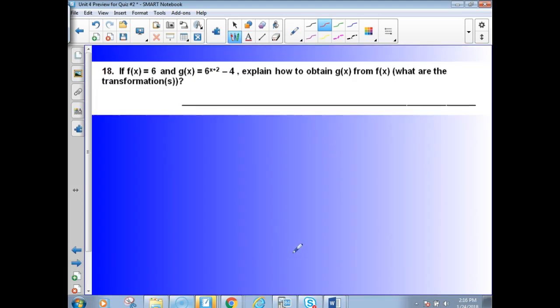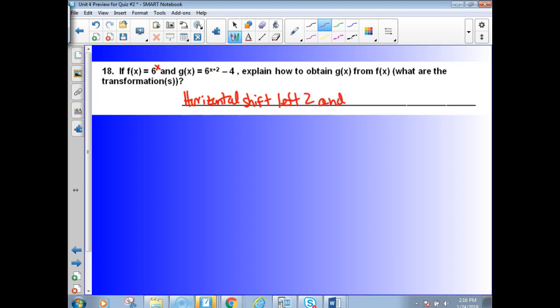If f of x, there's supposed to be an x here, guys, on the 6. That was a typo. Sorry, that's a typo. You're like, oh, how am I supposed to answer that without that? This would be a horizontal shift. And since it says +2, it's going to go the opposite direction, left 2.